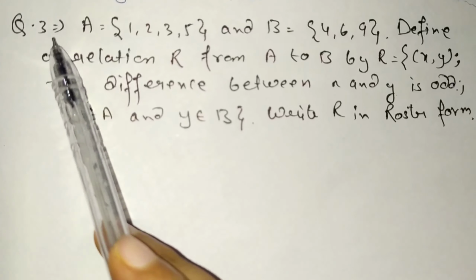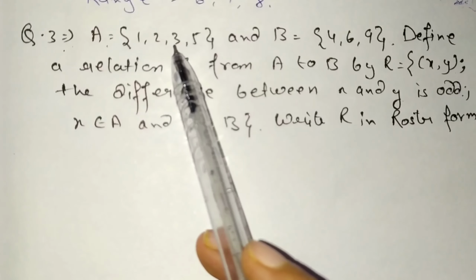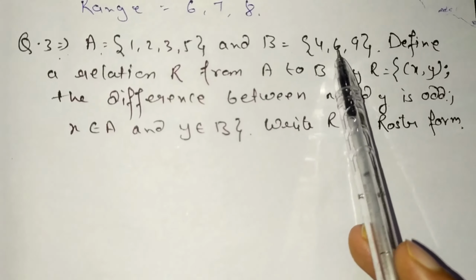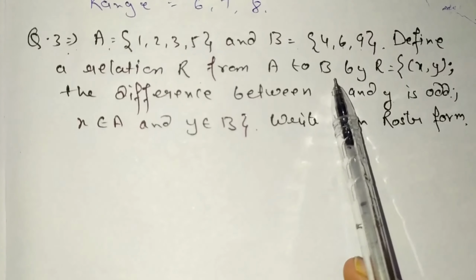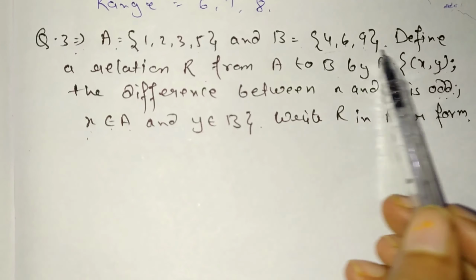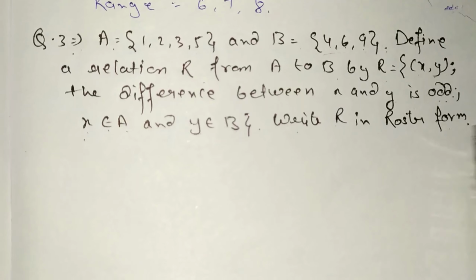Question 3. We have set A having elements 1, 2, 3, 5 and set B having elements 4, 6, 9. Now define relation R from A to B where we have two values x and y and the difference between x and y is odd, and x must belong to set A and y must belong to set B, and also write relation R in roster form.